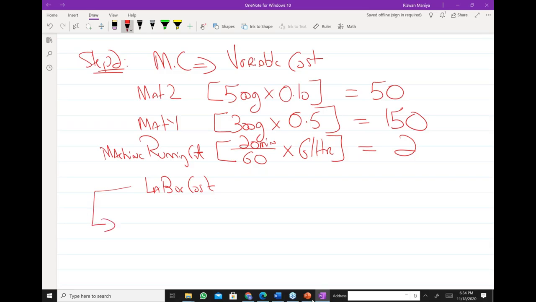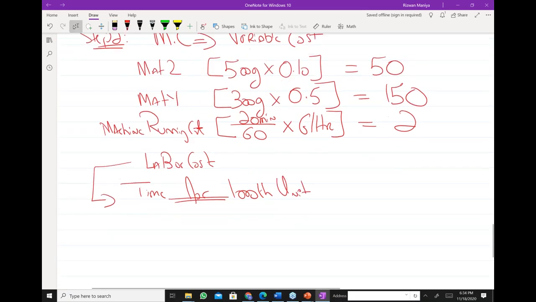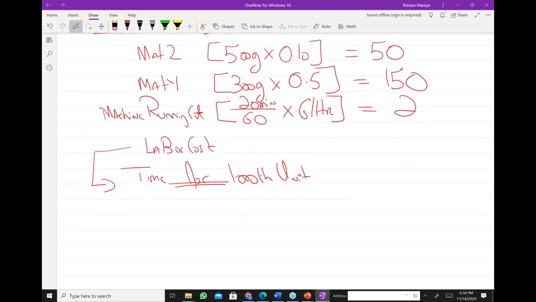Let's work out the time for the 1,000th unit. First, we'll calculate the time for the first 1,000 units.